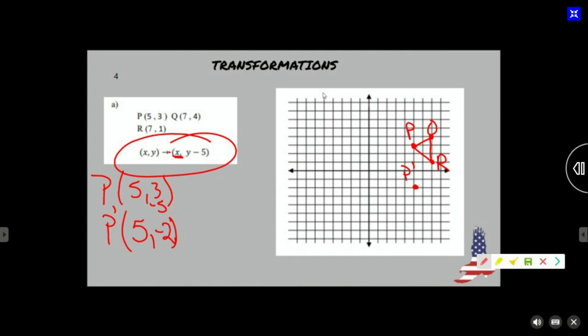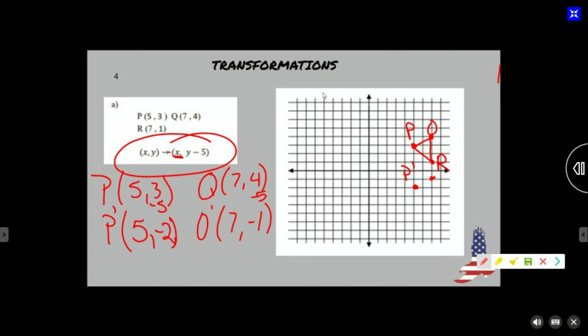Okay, what coordinate do we have for Q prime? Q is (7, 4). We know X is staying the same, so Q prime has a 7 in it. What do I do to the Y? Negative 1. So (7, negative 1).